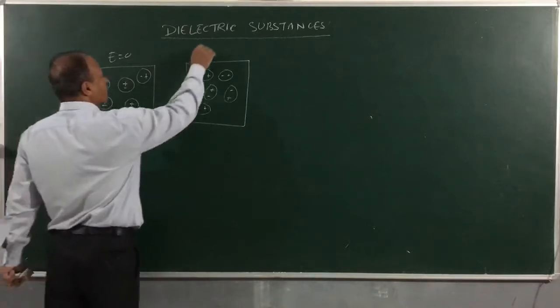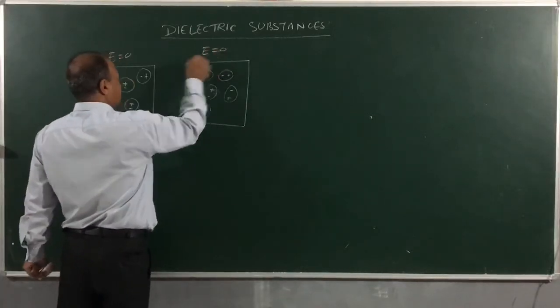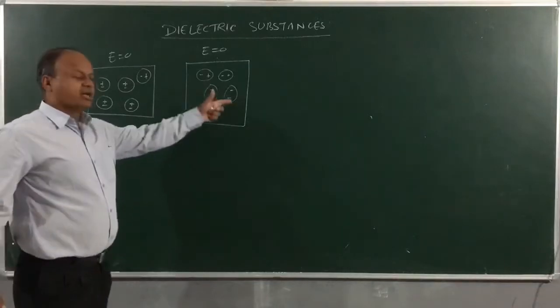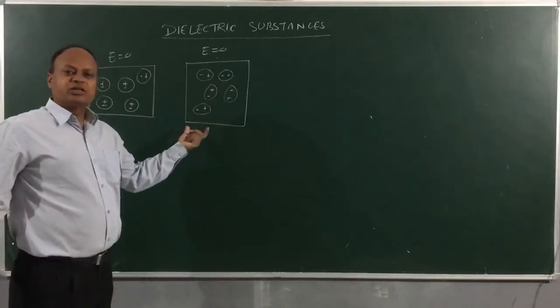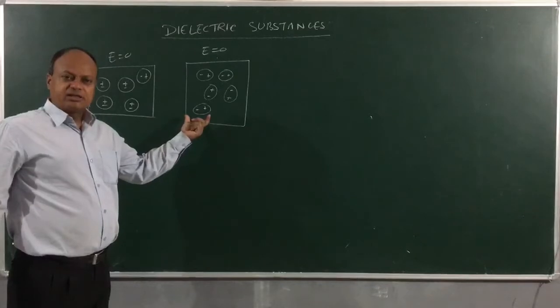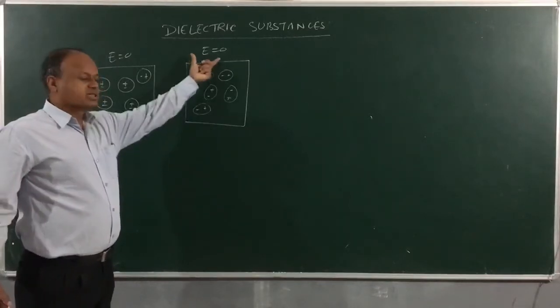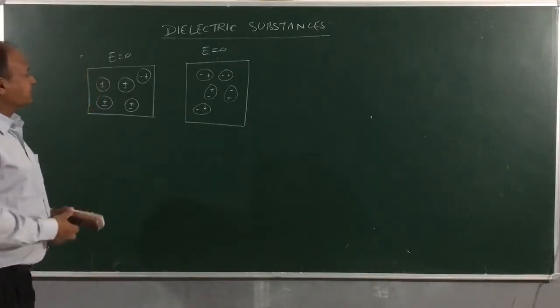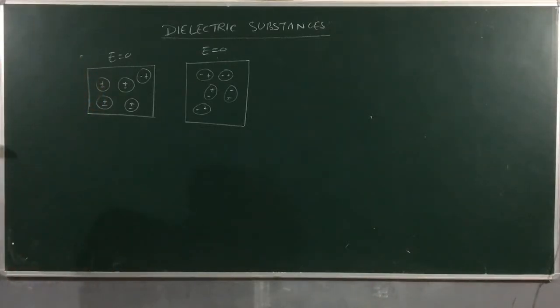So this is the scenario when the electric field is equal to 0. They are oriented randomly here, so they will produce no electric field at all when the external field is not applied. Now what will happen when the electric field is applied across them?